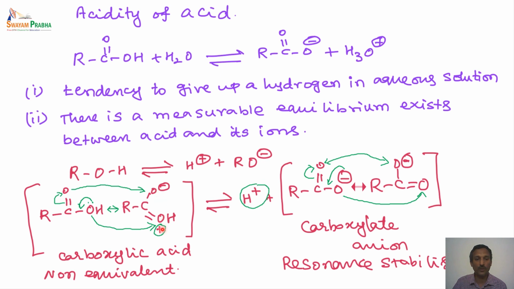So this is quite an unstable species. So this generally does not exist. Whereas the carboxylate ion has resonance stabilized structures, so this is quite stable. So that is one of the reasons the H plus ion can be easily lost to give the corresponding carboxylate anion. That is the crucial thing for the acidity of carboxylic acids.